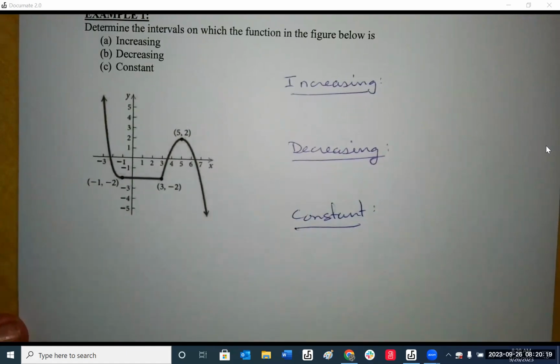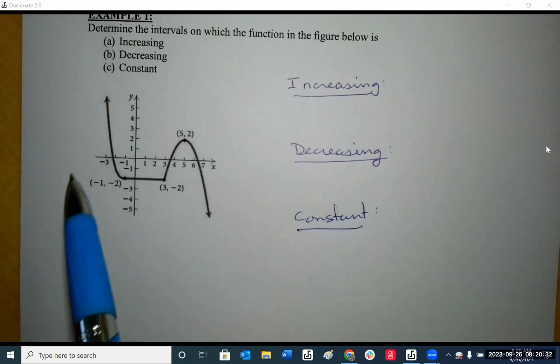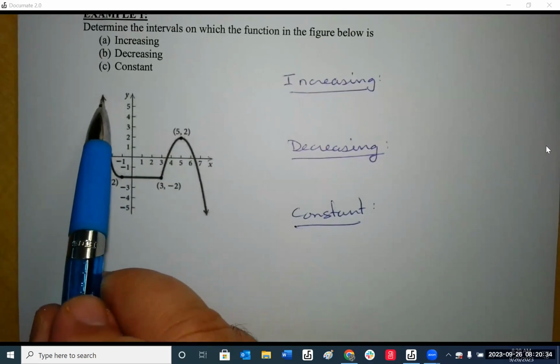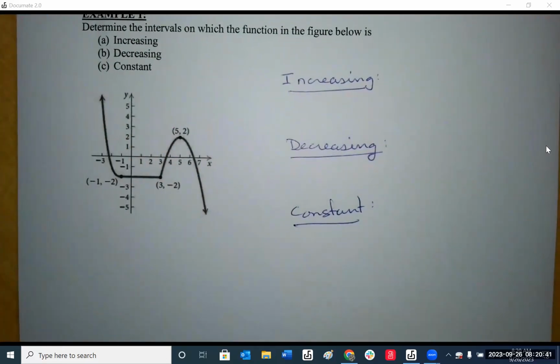Let's look at the graph. Where does it start off at? Yep, because the line goes on forever. There's an arrow up here. So the line keeps on going forever and ever in that direction.